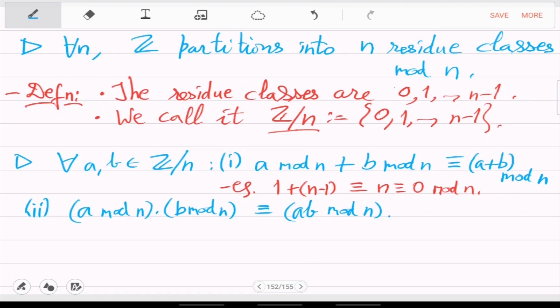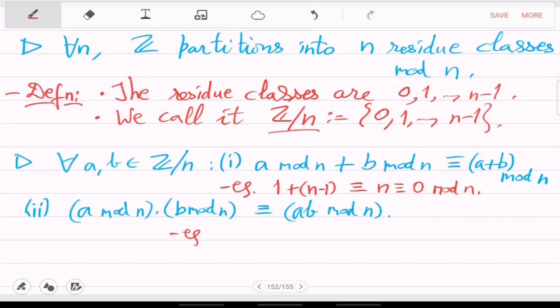If you multiply 0 with anything, of course you will get 0, which is in the set. But if you multiply, let's say 2 with n by 2, if n was even, then that will again be n, which is outside the set. You bring it inside the set by making it 0.